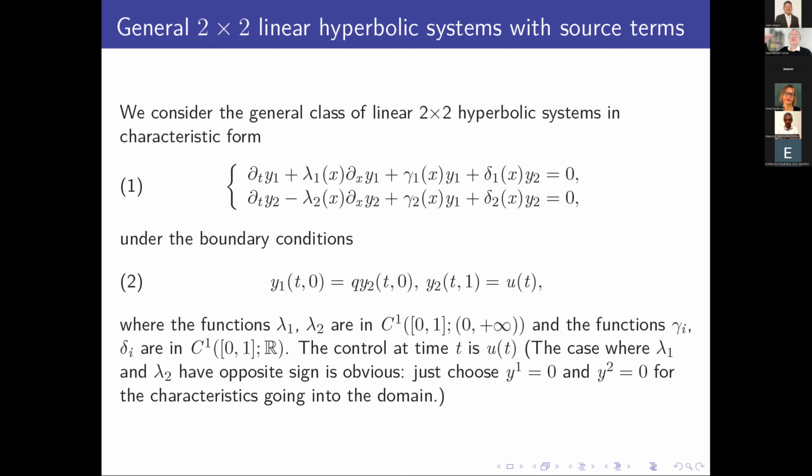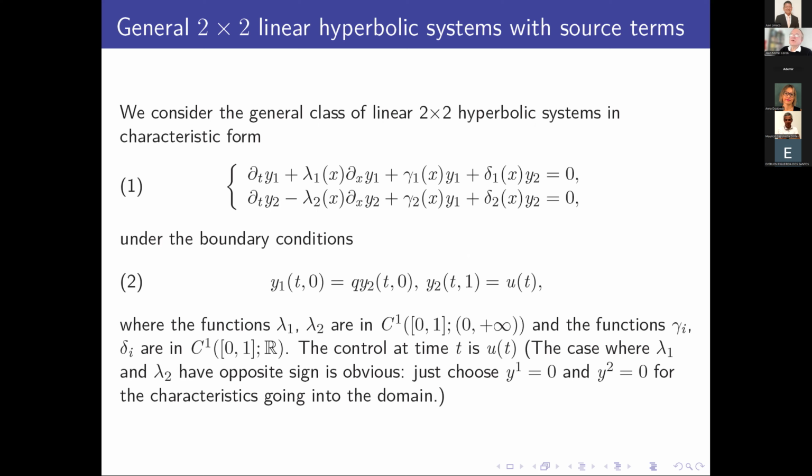Now we move to the case of dimension 2. Now we are going to assume that one velocity is positive, lambda 1 of x is positive, and the other velocity is minus lambda 2 of x. It's negative because lambda 2 of x is assumed to be positive.